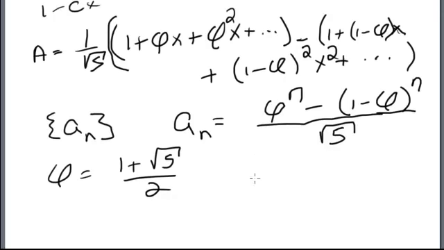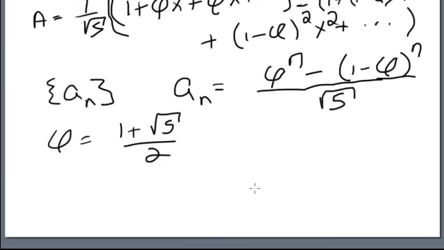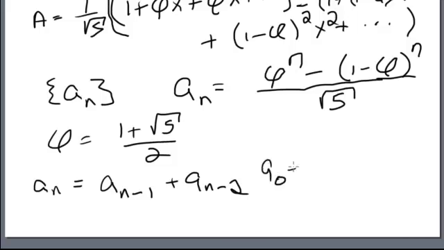And that is the sequence. This is called Fibonacci. That's the sequence that satisfies the recursion a sub n equals a sub n minus 1 plus a sub n minus 2, where a naught is equal to 0 and a1 is equal to 1.